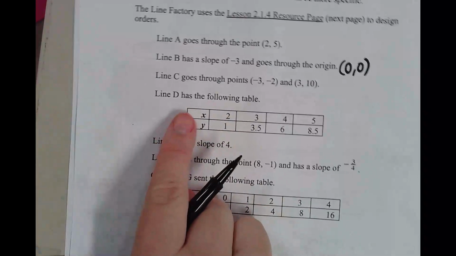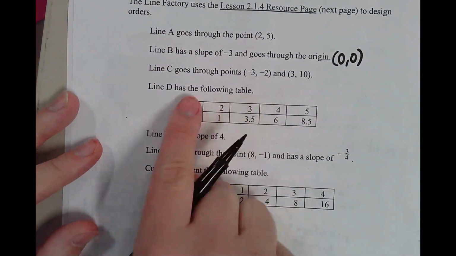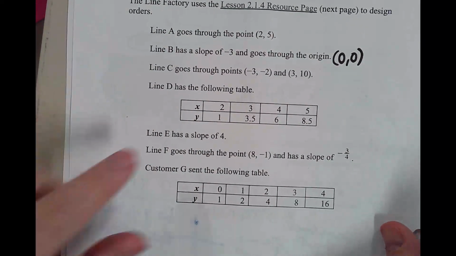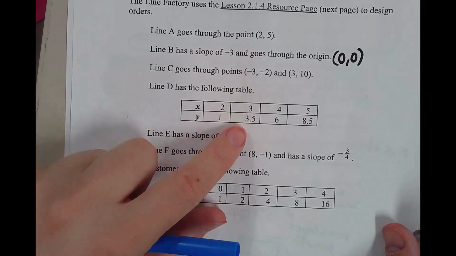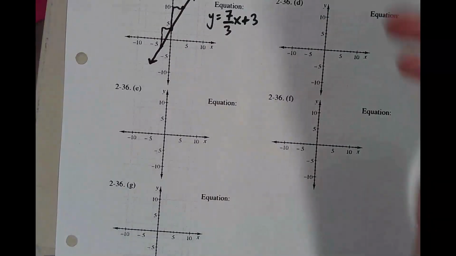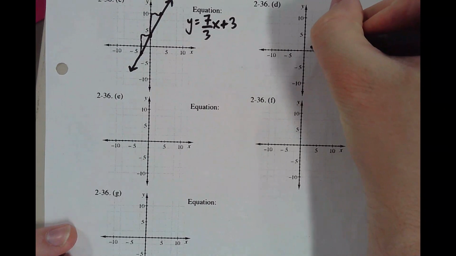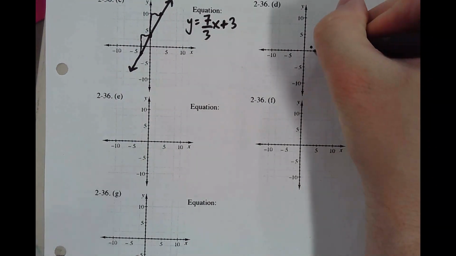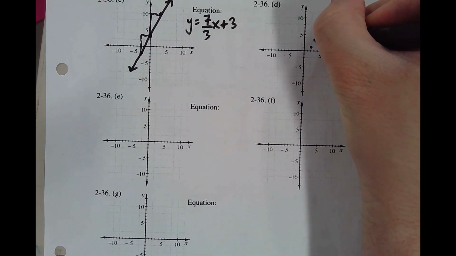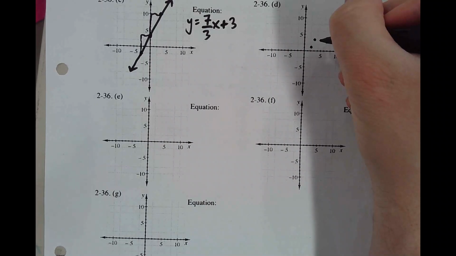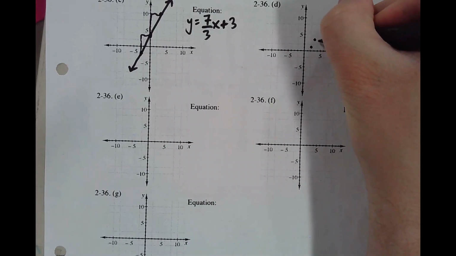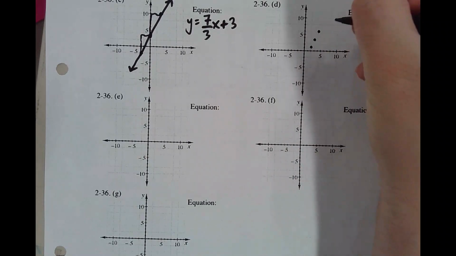Let's go over line D. Line D has the following table: 2, 1, 3, 3.5. Let's graph those points. Make sure we have this down. 2, 1, 3, 3.5. Where's that at? About there? 4, 6. Right there.